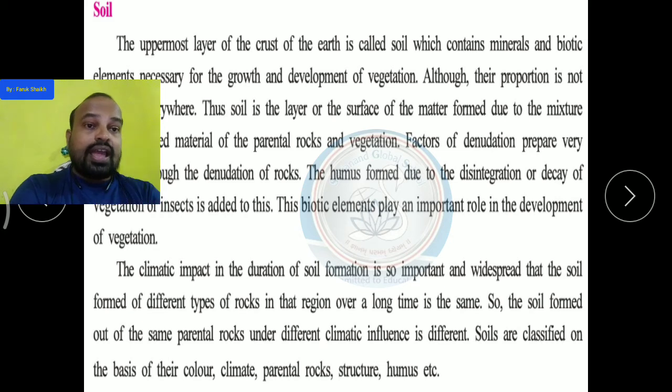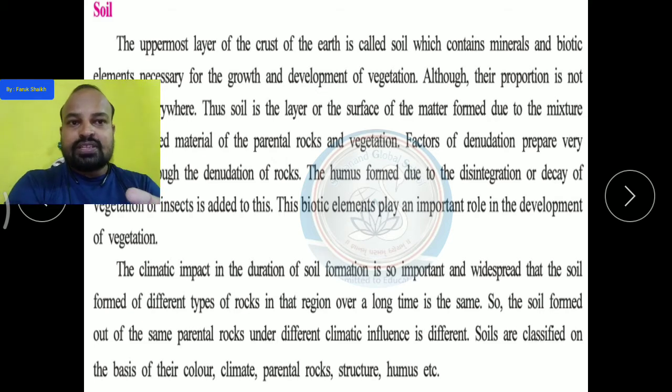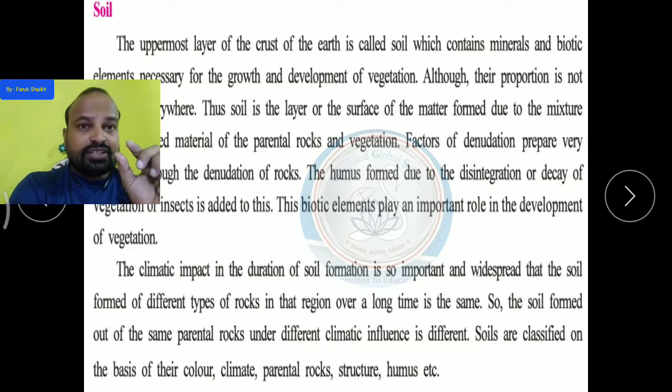Climatic influence, parental rocks, meaning from which type of rock the soil is formed, structure, and humus. Structure means the soil is like a powder, or like sand. Laterite soil. And humus means the biotic elements available in quality and quantity. So this is the way that soils are classified.